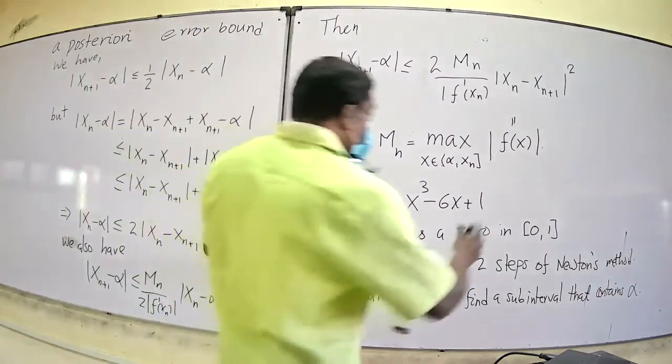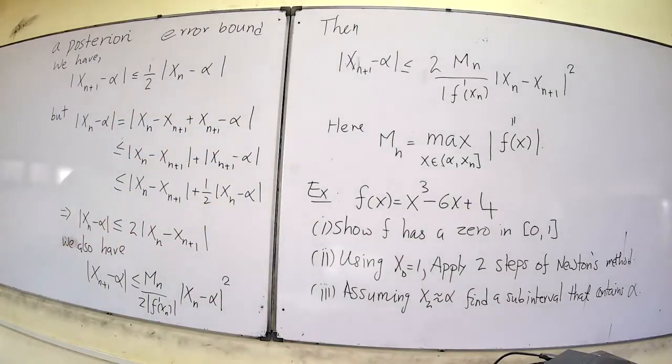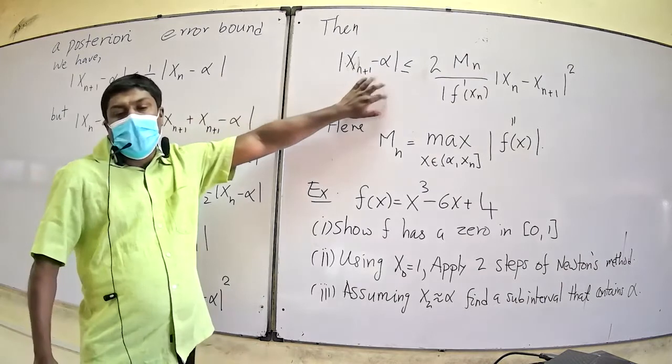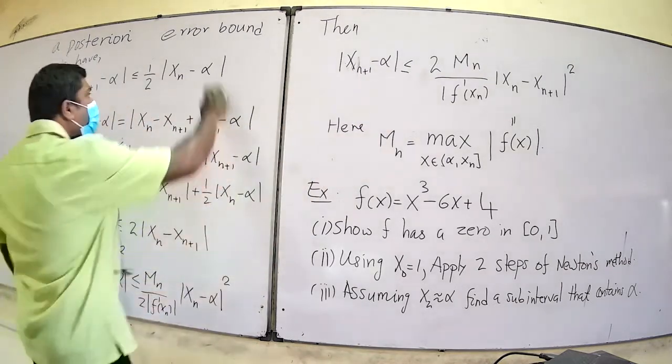First we will show that this has a zero in [0, 1]. Then, using x0 equal to 1, we apply 2 steps of Newton's method. And then, assuming x2 is the approximation for alpha, we will try to find a subinterval around alpha which contains alpha. So we will basically find a posteriori error bound. So let's do this problem.